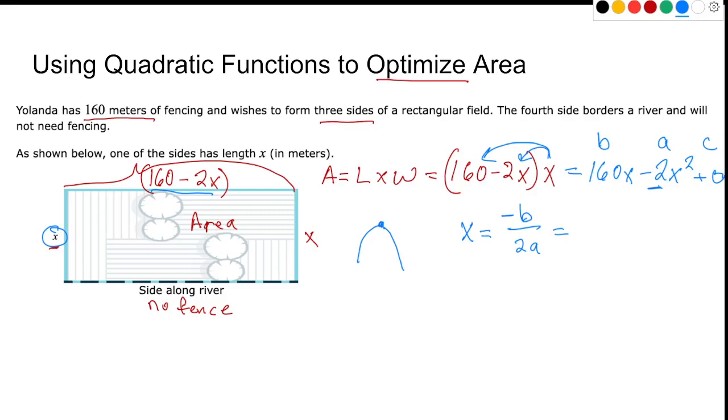We don't end up using c, but that's okay. So b is 160, so it's going to be negative 160. a is negative 2, so that's 2 times negative 2. So we get negative 160 over negative 4. 4 goes into 16 4 times, so that's going to be a positive 40. x is going to be positive 40.